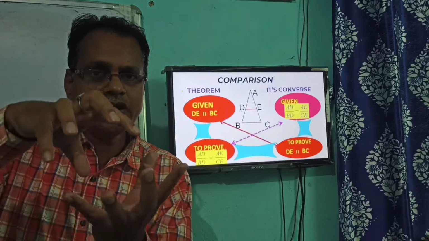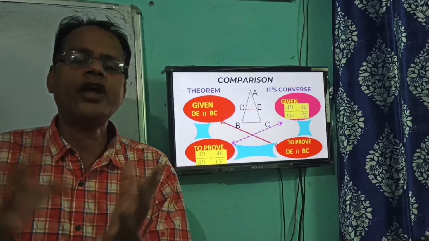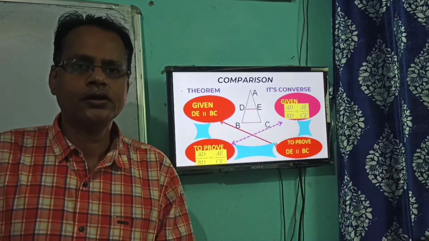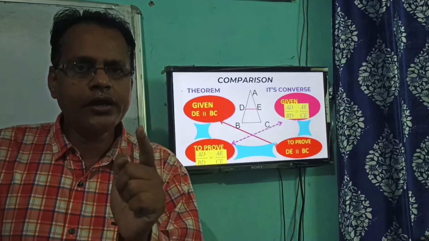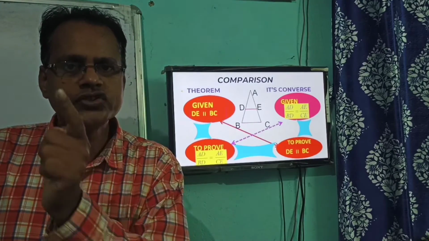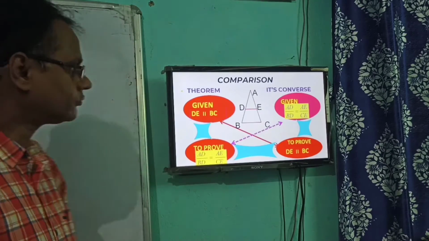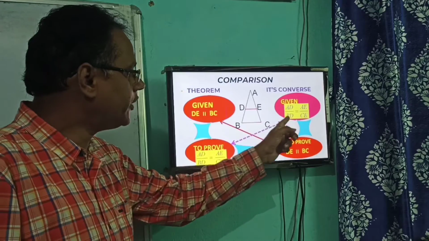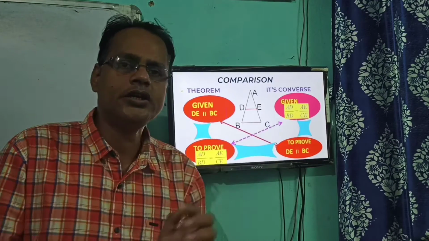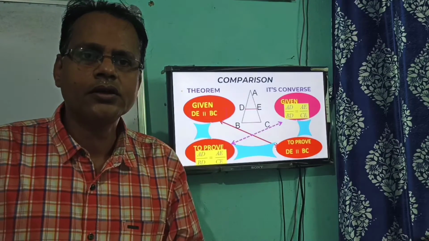So your statement will be initiated from that concept: if a line divides two sides of a triangle in equal ratio. AD by BD is equal to AE by CE means what?